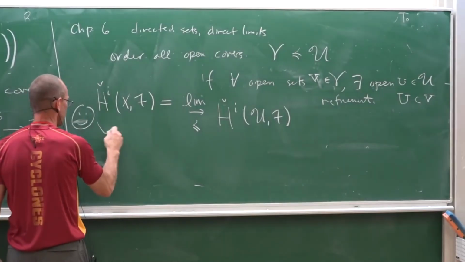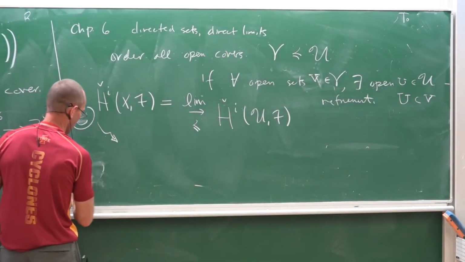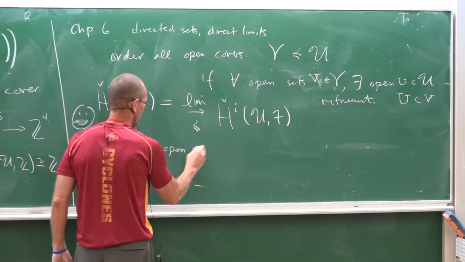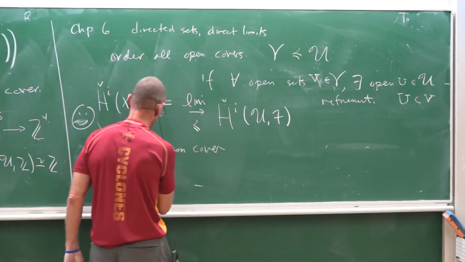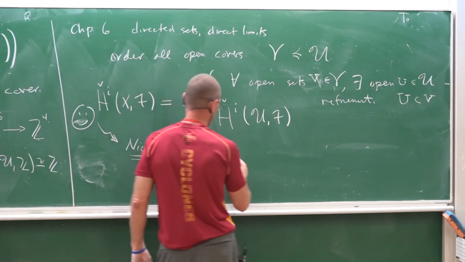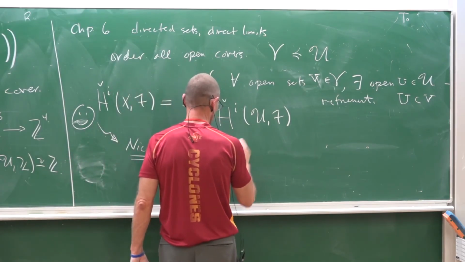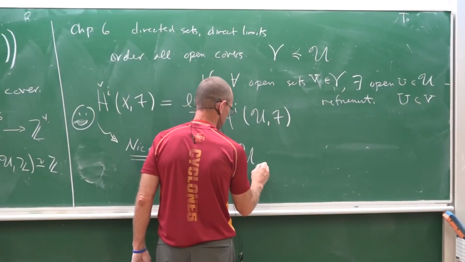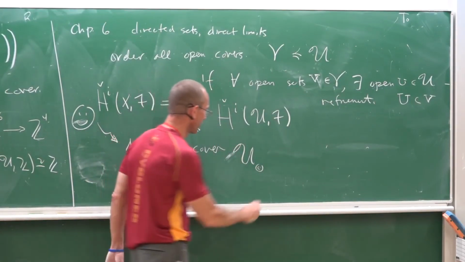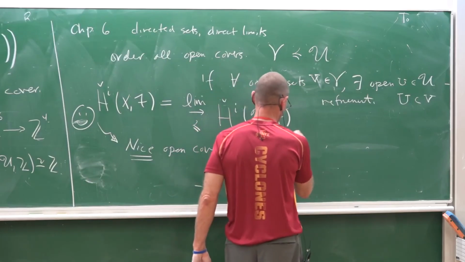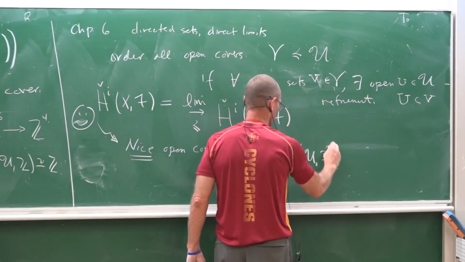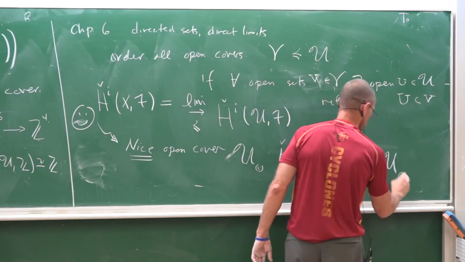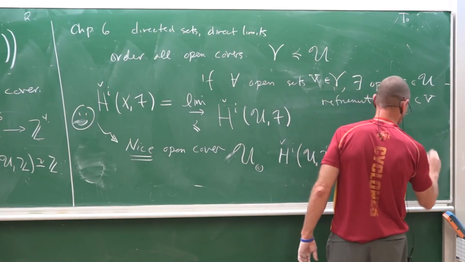The happy news is if we have a nice open cover, and I'll say what nice is in a second, nice open cover U, smiley face, that's a nice open cover, we get that H^i check of X with F is actually H^i check of our nice U with F, right?